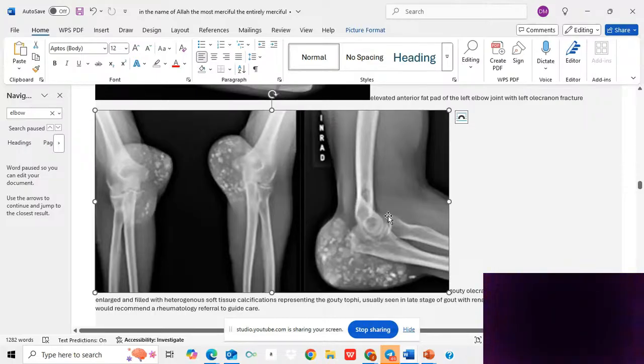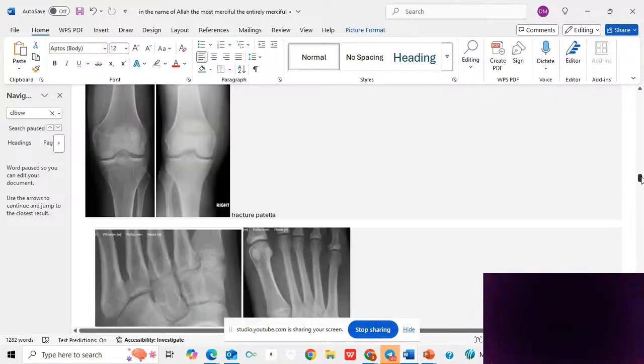The anterior fat pad is normally seen, but it's not raised. However, the posterior fat pad shouldn't be seen. This is the posterior humeral fat pad. We are looking here at the elbow joint.